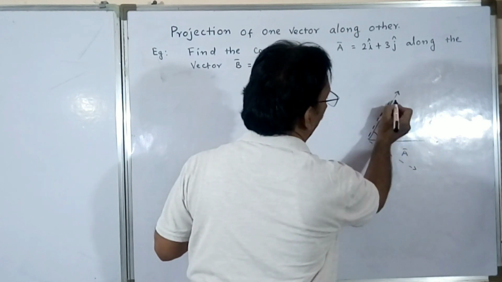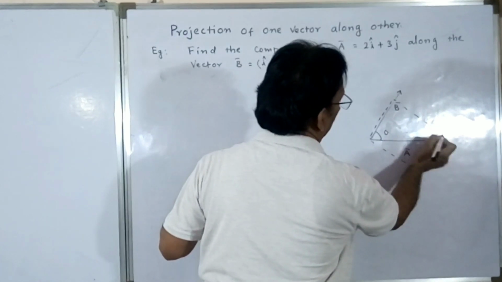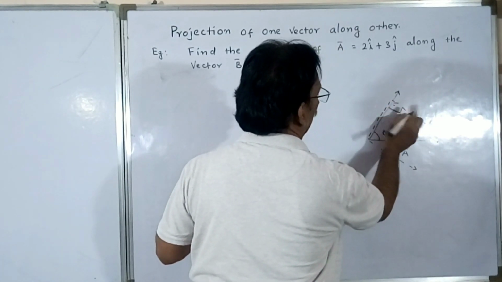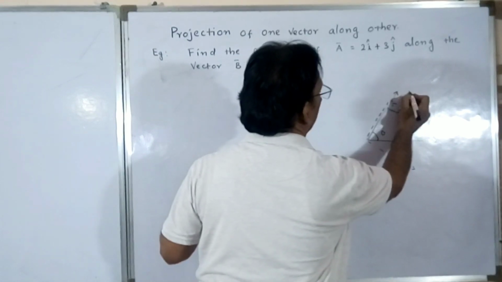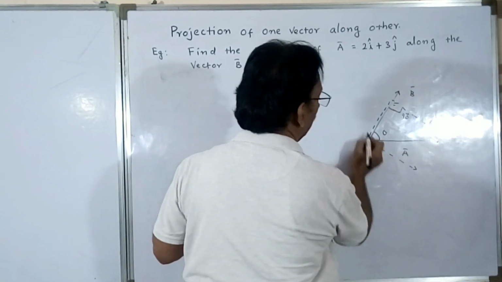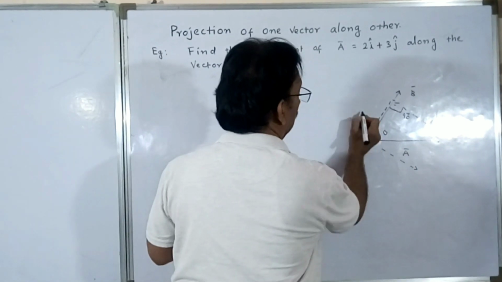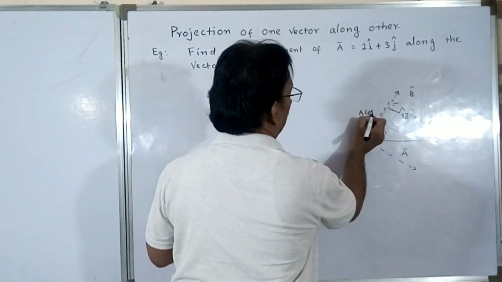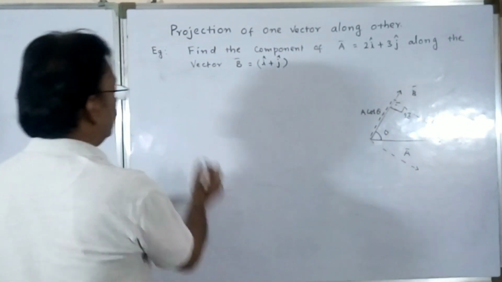This A has been divided, and the angle is theta and 90 degrees, and along B bar, as usual, the component is A cos theta, and we have to find it.